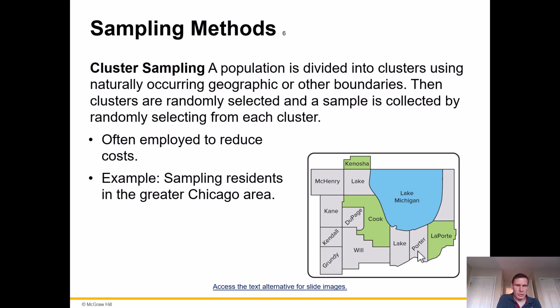It's often employed to reduce costs. This is often a cheaper way to get the sample that you need. Their example is sampling residents in the greater Chicago area. You can see Lake Michigan, Kenosha, Lake, Cook, DuPage. Of course, these are all the counties around the greater Chicago area.